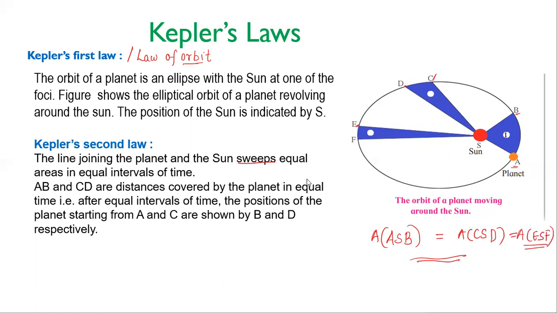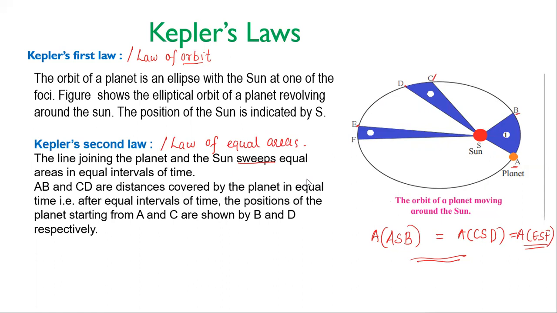This area will also be equal, because the time interval is equal. That is, in equal time intervals, the planet covers equal areas. This is called Kepler's second law. It is also known as the law of equal areas, which means the line joining the planet and the sun sweeps equal areas in equal intervals of time.